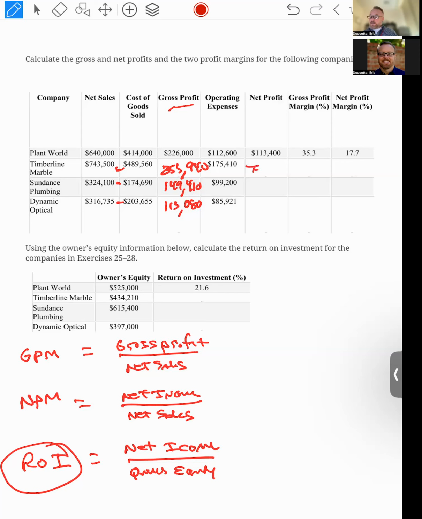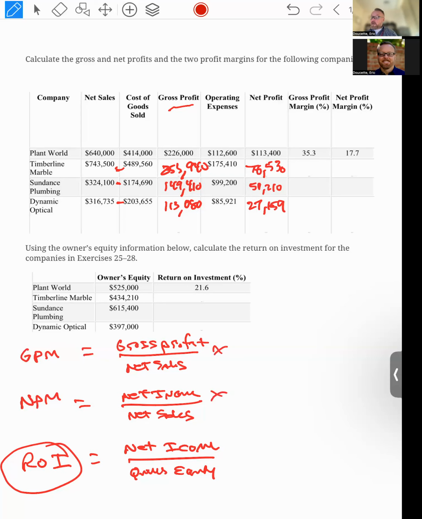So that comes out to 78,530. Deducting those two from each other comes out to 50,210. And then the last one, Dynamic Optical, subtracting the 85,000 from the 113 comes out to 27,159.